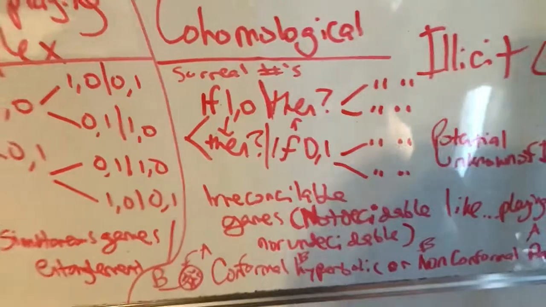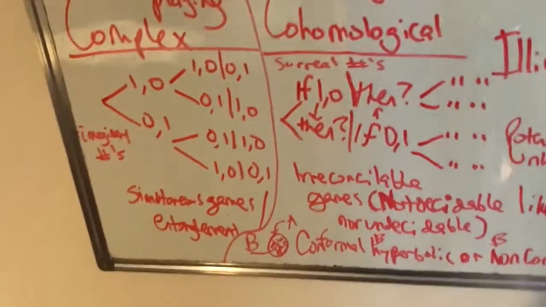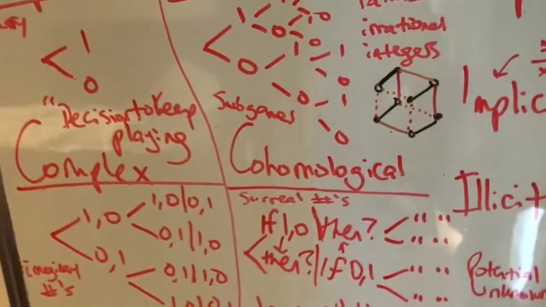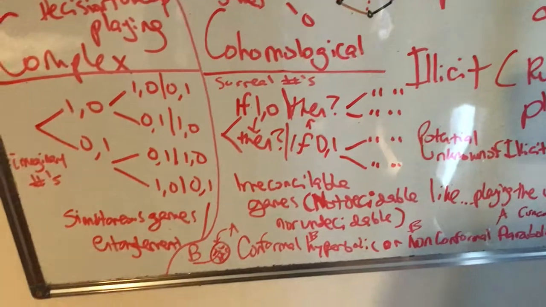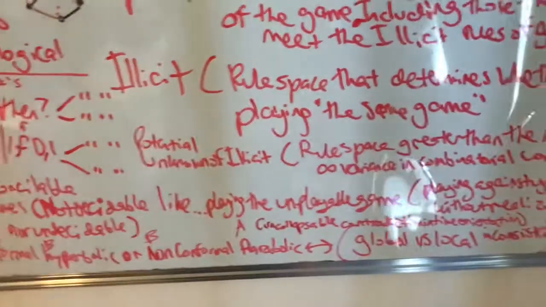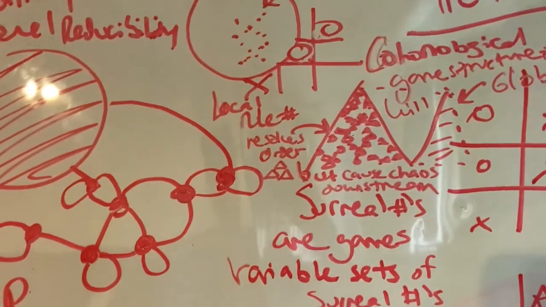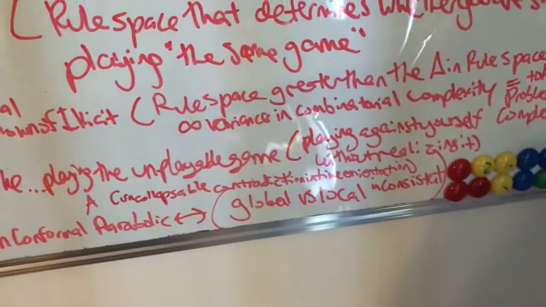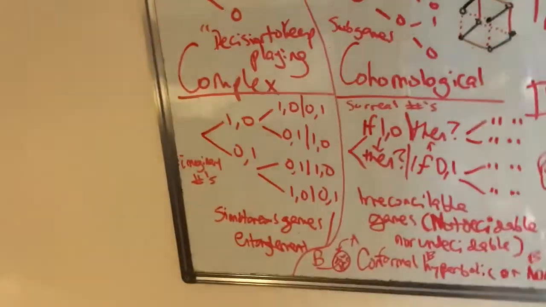But the maximal extent of the abstraction of a surreal number as a cohomological game is essentially the idea that they're irreconcilable. It's not that it's decidable or not decidable. It's more like you're playing an unplayable game. It's more like this chaos and order, global versus local structure evolution. It's more like you're playing against yourself without realizing it, constantly.